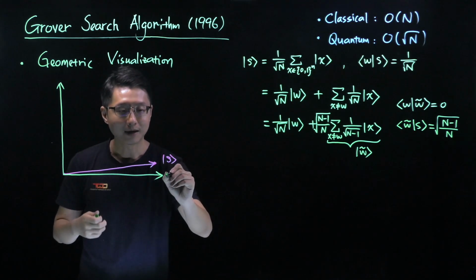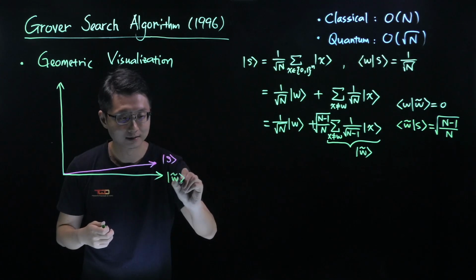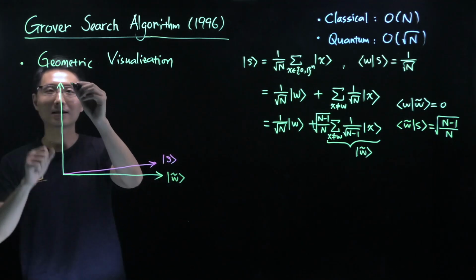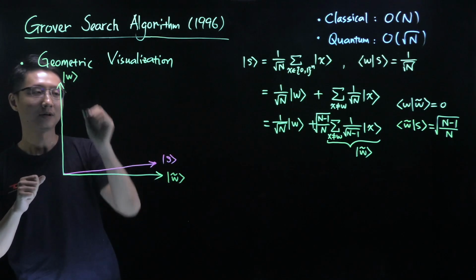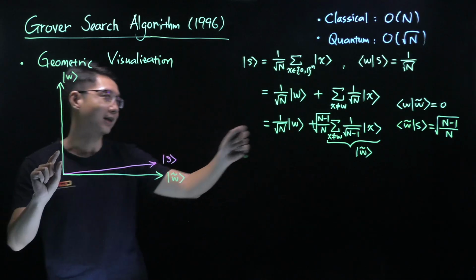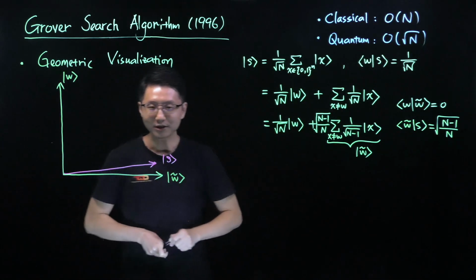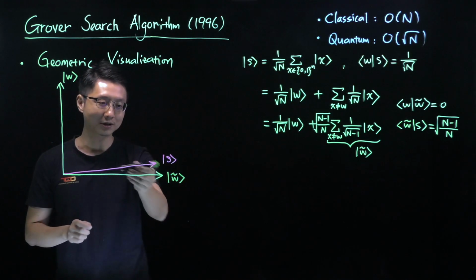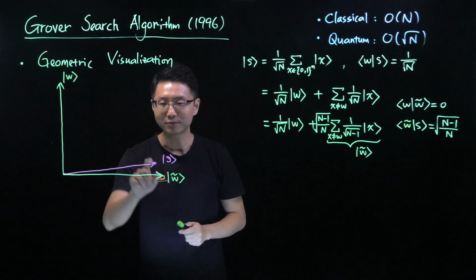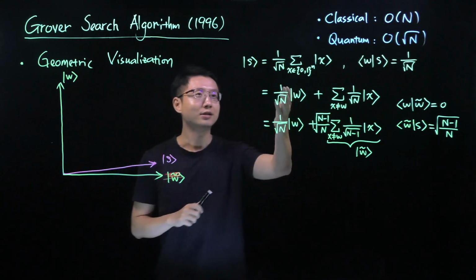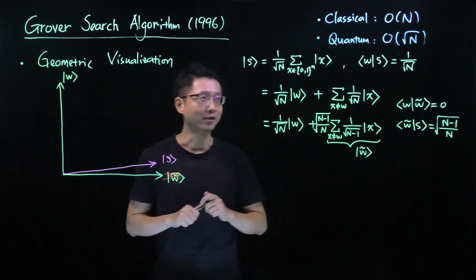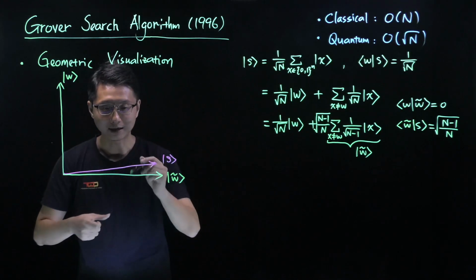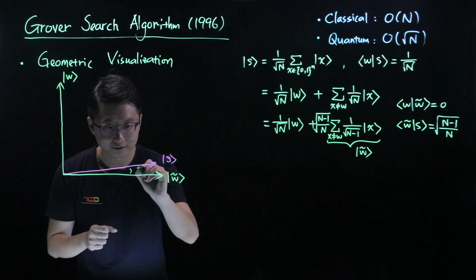So this is my W tilde, which has much more overlap with S, and this part is W, which has only little overlap with S. So initially, my equal superposition state is very far away from W and much closer to W tilde, and this angle is very small when we are searching a large database which has a very large number of objects, so for n large. I'm going to denote this angle here by theta over 2.